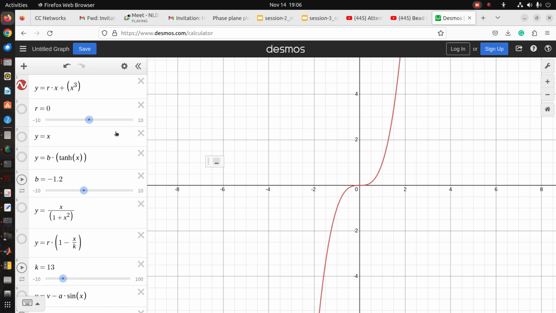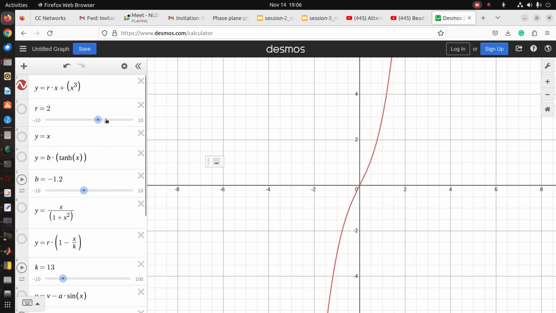So at R equal to 0 itself, the fixed point is now unstable. Now when you further increase R to values greater than 0, this is the fixed point, and this is negative, and this is positive. So that means this is also an unstable fixed point. So once R equals 0, it completely became unstable.